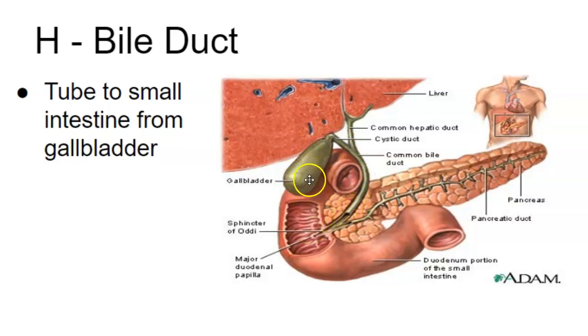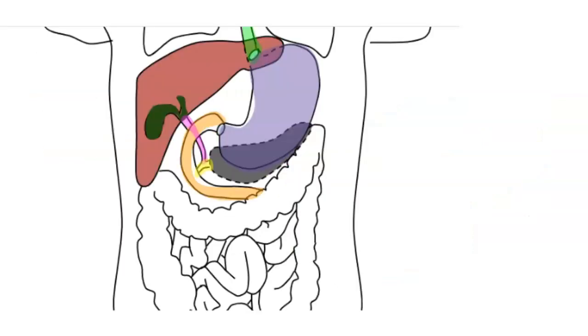It's going to empty in to our duodenum, our first part of our small intestine, and that's where it's going to help us break apart those fats so that they can be digested easier. We haven't talked about an enzyme that digests fats yet. We talked about the bile that helps separate it. We haven't really talked about an enzyme that digests fats. We'll talk about that a little bit later in this unit.